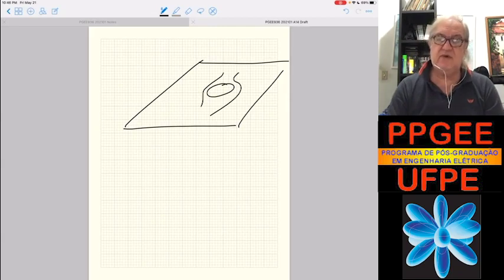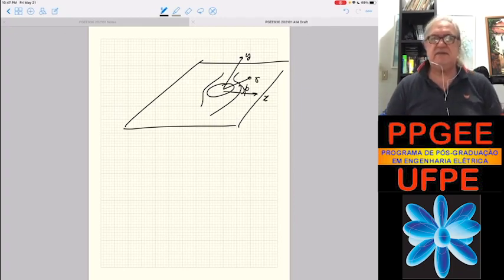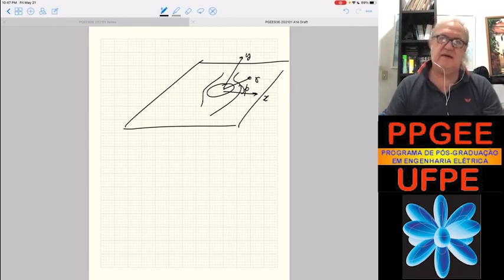You're going to solve that based on a potential that depends on two coordinates, x and y, or r and phi. So it's easy to solve, and it gives a way of solving the problem. We also have a volumetric region with a spherical void inside. That's another assignment I passed to you for you to solve.